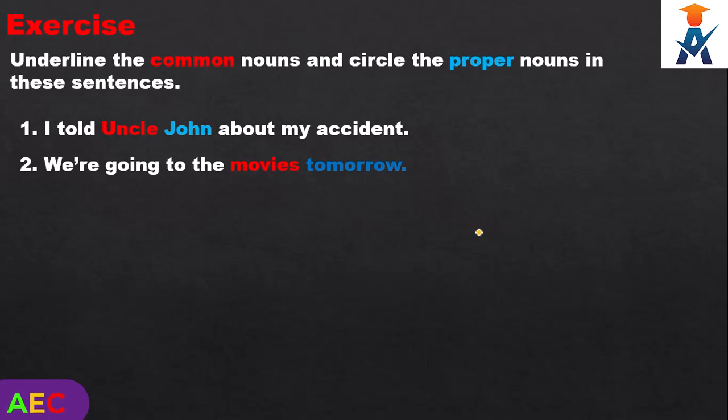The third question: the lion is playing with one of its cubs. Don't forget that cubs is the young of a lion. So both lion and its young cub are grouped under common nouns.